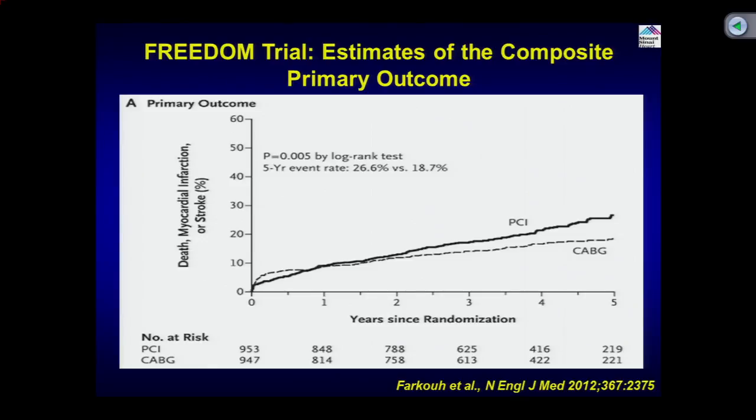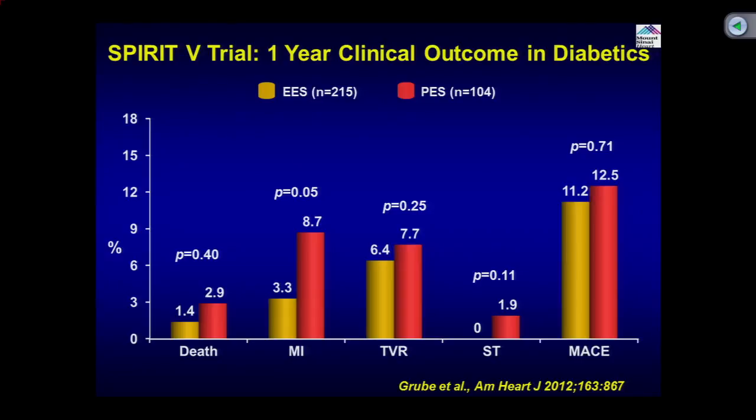But you see, after 3 years, only about half of these patients have a clear, exact follow-up. More importantly, we now have newer generation stents, which compared to the first generation paclitaxel-eluting stent, such as the everolimus-eluting stent, show lower stent thrombosis and lower myocardial infarction in the SPIRIT V trial.